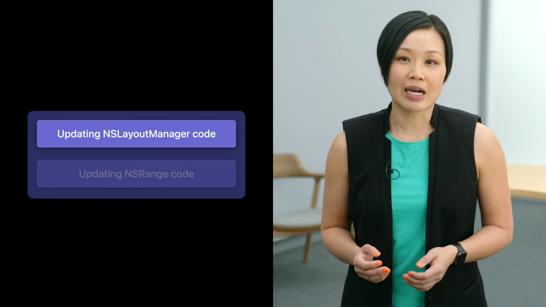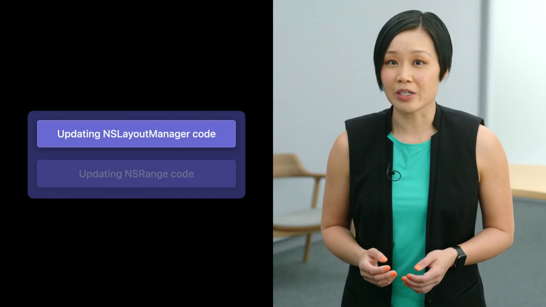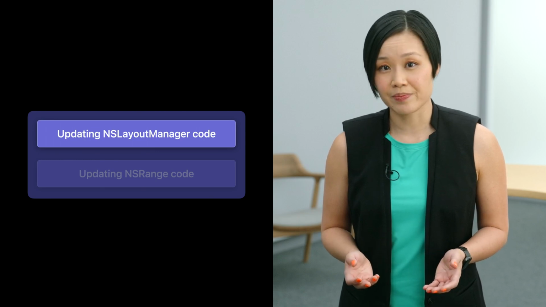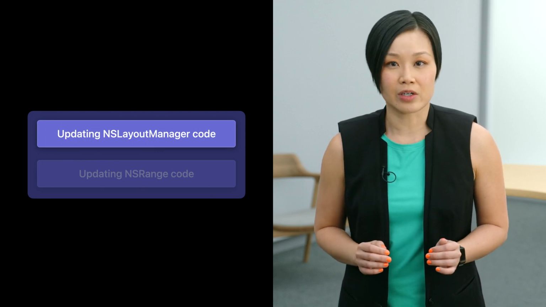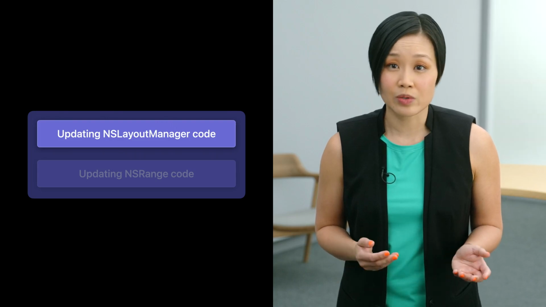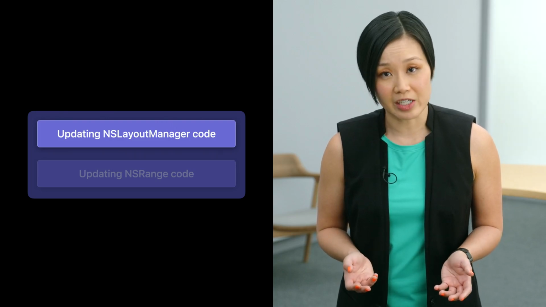Okay. Now I'll get into the specifics of updating code related to TextKit 1 types, starting with NSLayoutManager. Once you've audited your code for NSLayoutManager queries, you'll need to figure out the TextKit 2 equivalents with NSTextLayoutManager. Some layout manager APIs have similar names between TextKit 1 and 2, and the substitutions are straightforward.